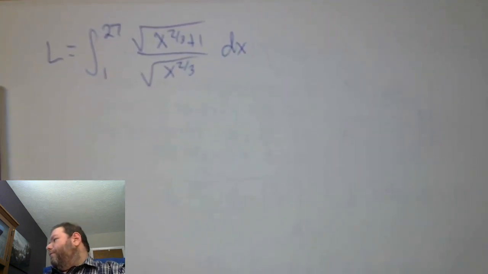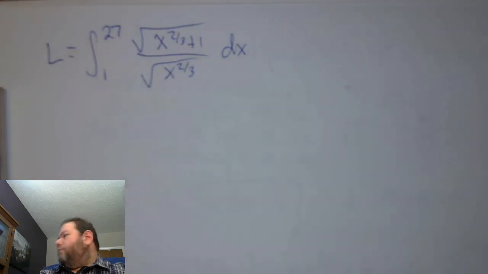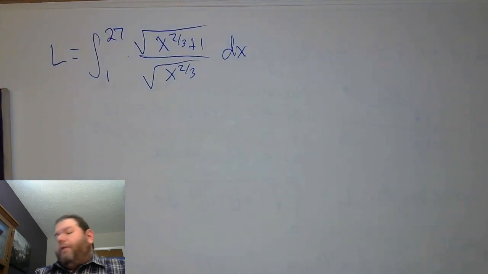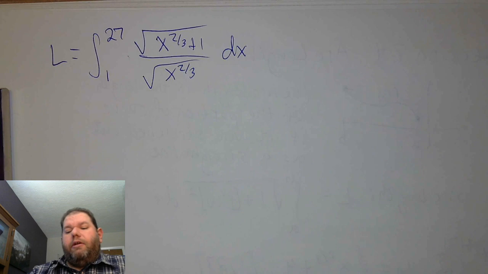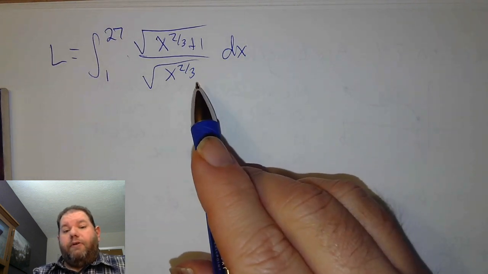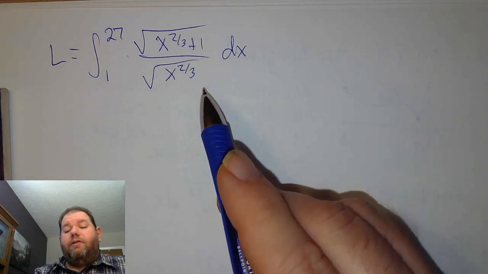Now, the reason that we would want to do that is that if we've done everything properly to this point in an arc length problem, this denominator should be a perfect square, and it is.